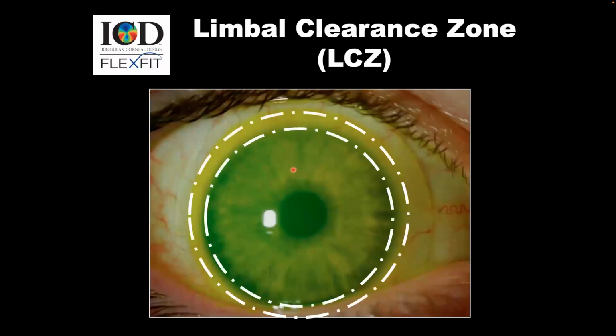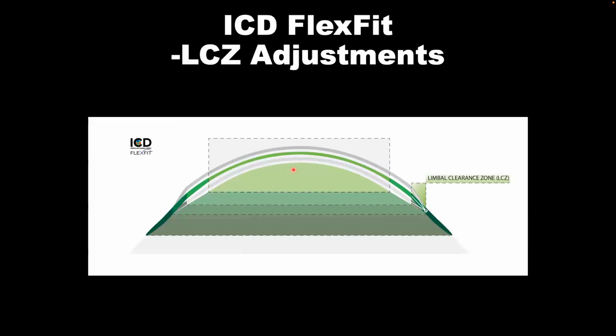The limbal clearance is positioned here as well, and this graph just shows you which zones are altering as you go. So as you can see here, changing this one maintains the relationship all the way.